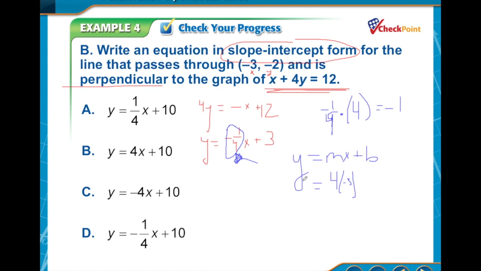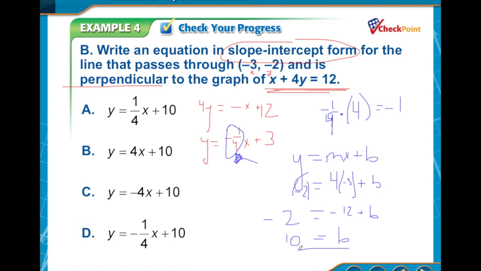My y is a negative 2. And my b I need to find. So negative 12 plus b would equal a negative 2. So negative 12 plus what number would equal a negative 2? Well, b would equal 10.